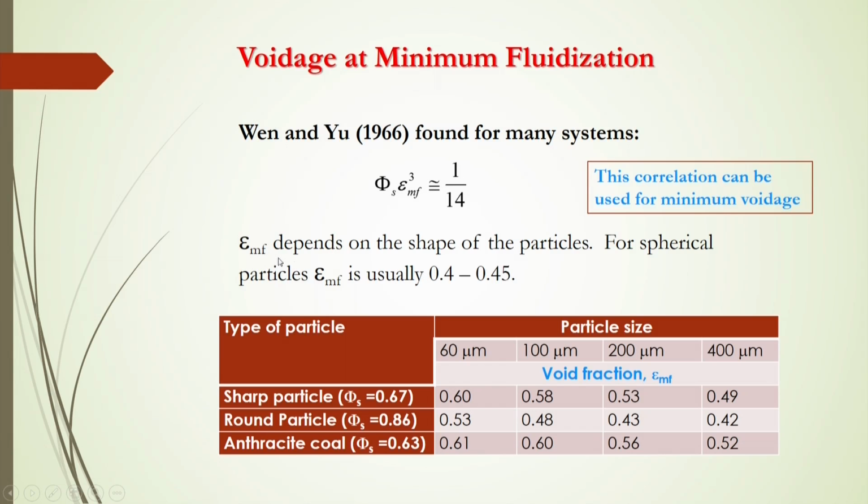So, epsilon mf depends on the shape of the particle. For spherical particles, epsilon mf is usually 0.4 to 0.45.